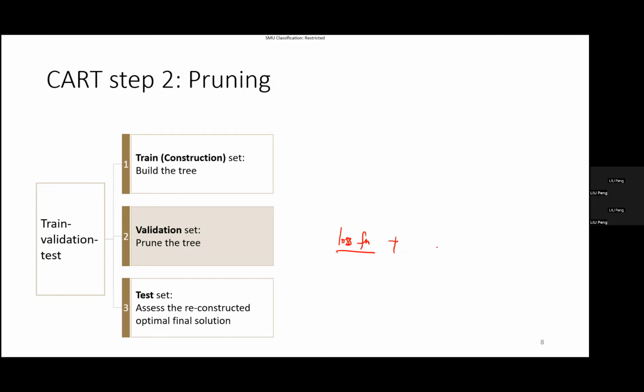So this could be the number of leaf nodes, right? Meaning if a tree is very complex, then we have a lot of leaf nodes. Then there's going to be a penalty here, right? So we multiply it by alpha as our trade-off parameter. So this gives our overall cost function, and this is the cost function that we want to minimize by validating against the validation set, right? And then prune the tree. So that's the overall process here.